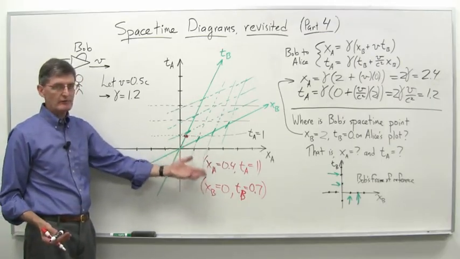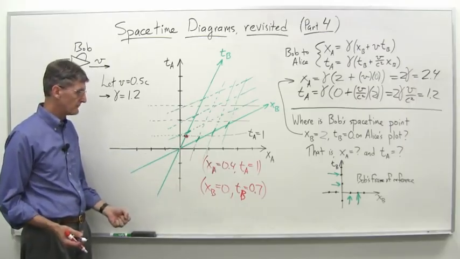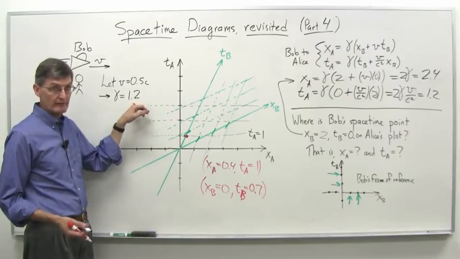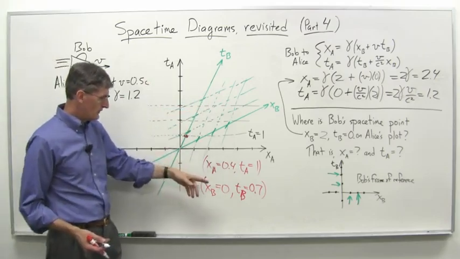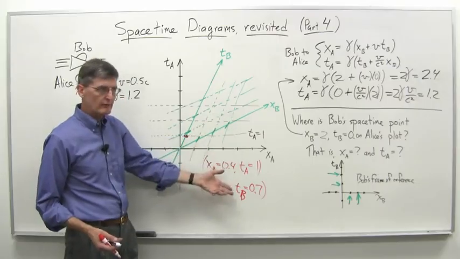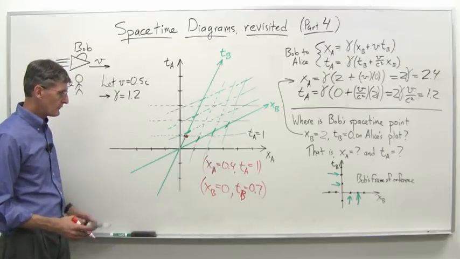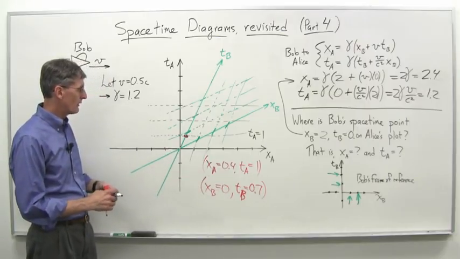Alice sees Bob's clock running slowly, more slowly than her clock. Okay? And we could do a precise calculation; it's going to be a 1.2 factor here, we know from earlier results. So 1 divided by 1.2, it's probably not quite 0.7, but it's in the vicinity there. So that's time dilation that we can see out here as well.